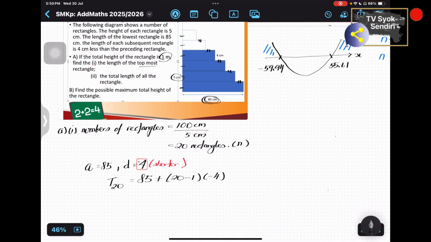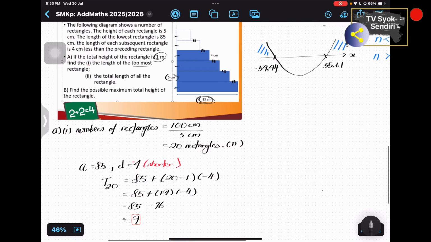So it should be minus. You just need to press into your calculator: 85 plus 19 multiplied by negative 4. It's only left 9. So your T20 will be 9 centimeter.